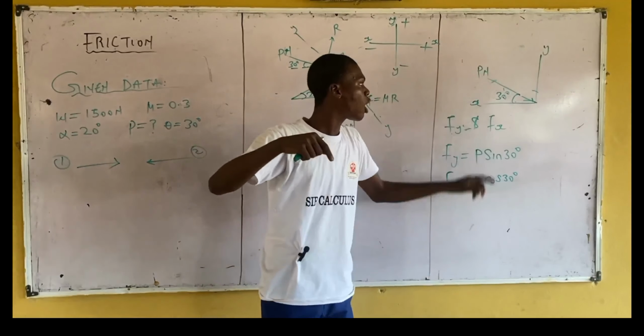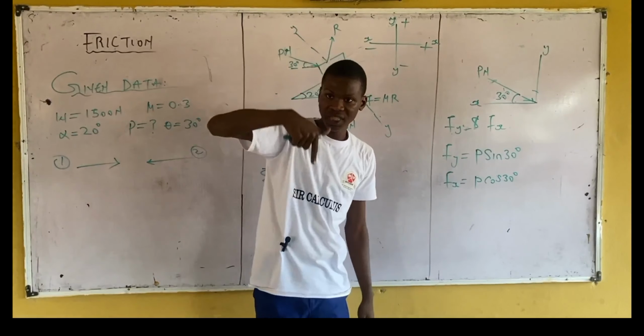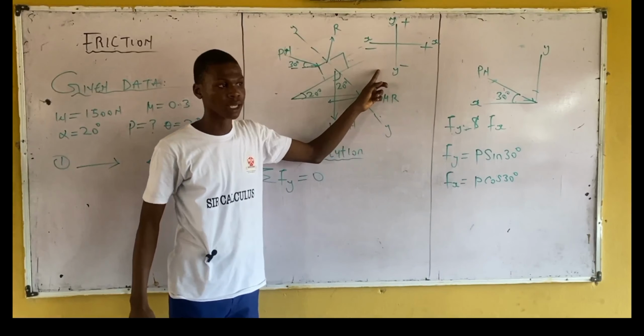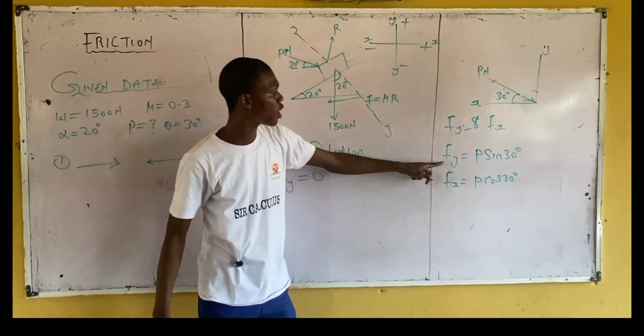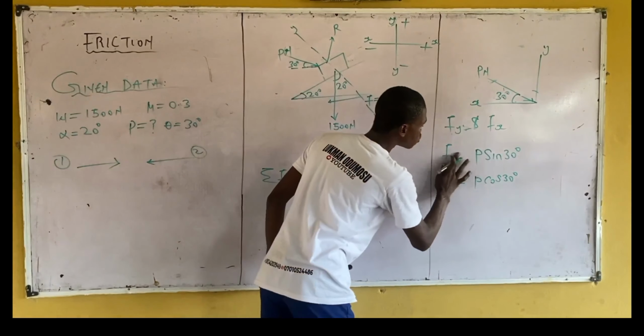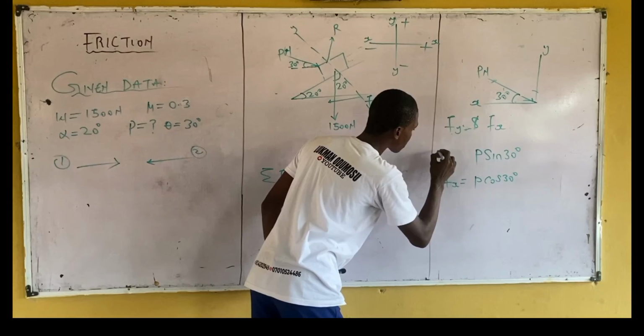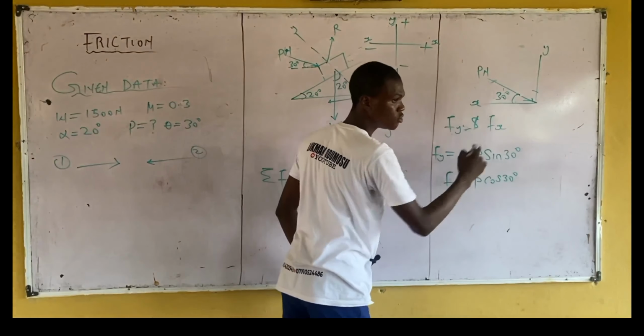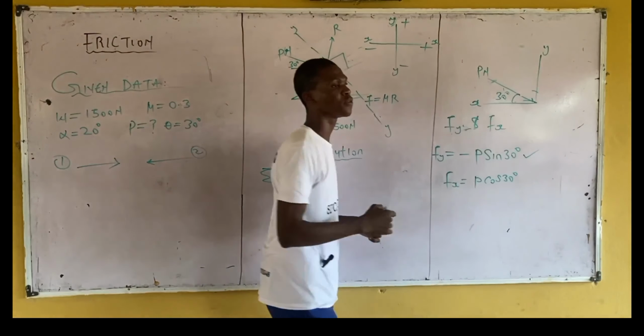Then you will observe your arrowhead is facing down. Meaning for your F of y, you need to include the negative sign. So F of y is equal to negative P sine 30 degrees, and you are done resolving the force here.